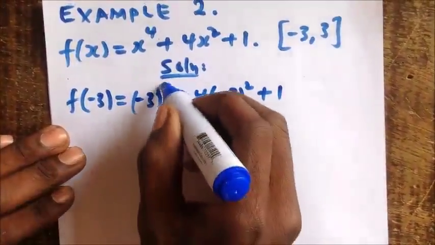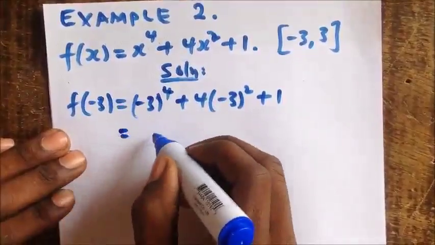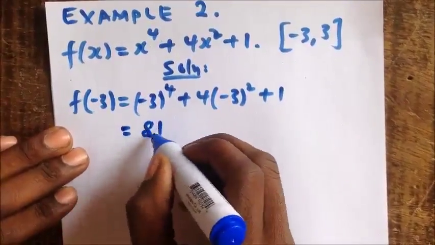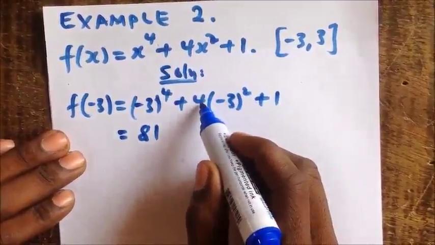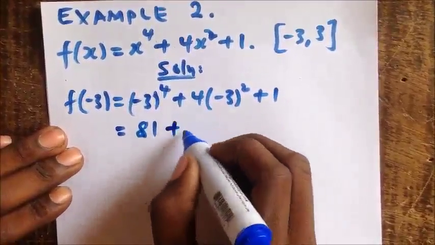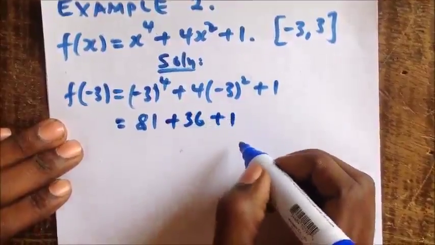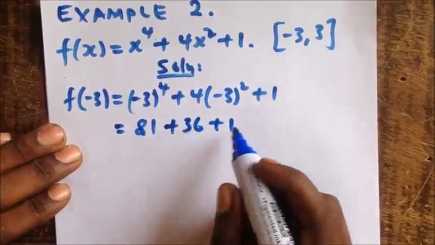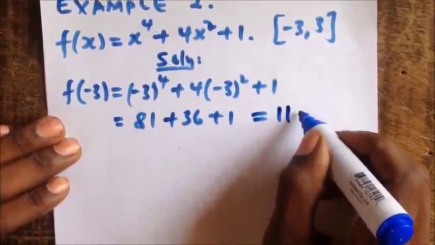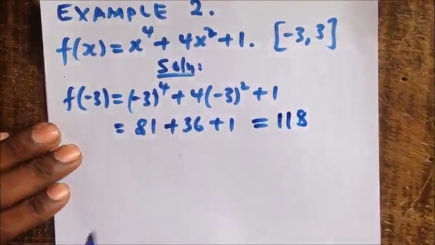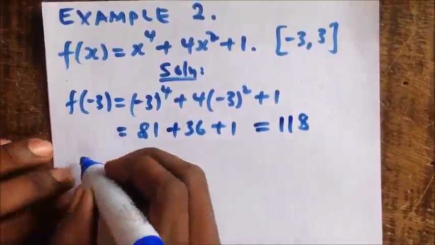Minus 3 to the power of 4 is equal to 81. Then minus 3 squared, 9. 9 multiplied by 4, 36 plus 1. So 81 plus 36 plus 1 is equal to 118.